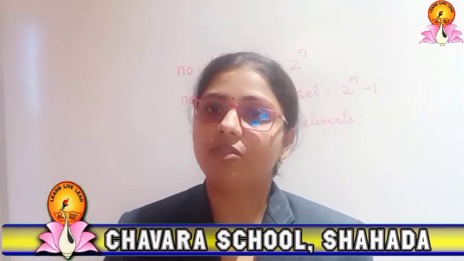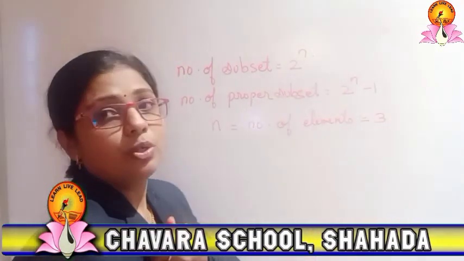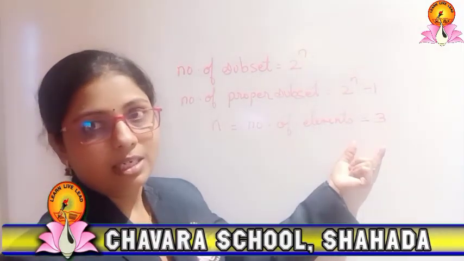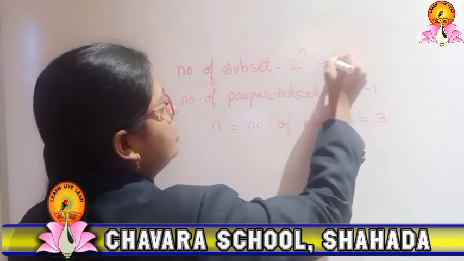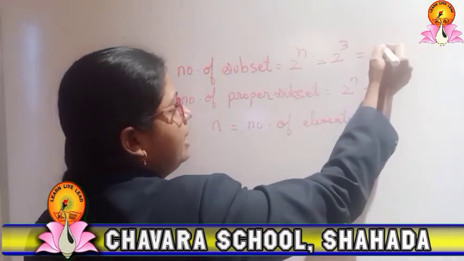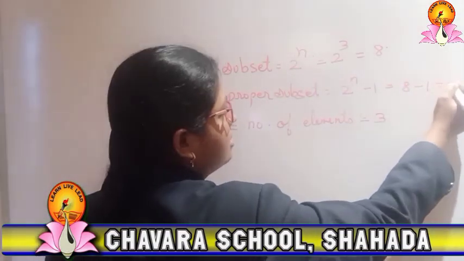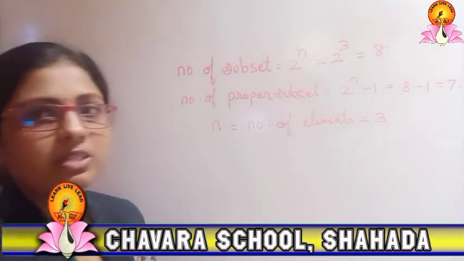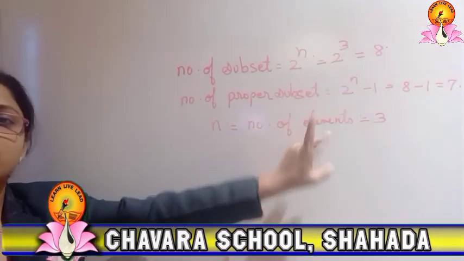So if in a set the number of elements is given as 3, how will you find out? You just find the cardinal number, which here is 3. So you write 2 raised to 3, putting the number of elements in the place of n. The answer will be 8. And here 2 raised to n means 8. 8 minus 1 is 7. So the number of subsets will be 8 and the number of proper subsets will be 7.